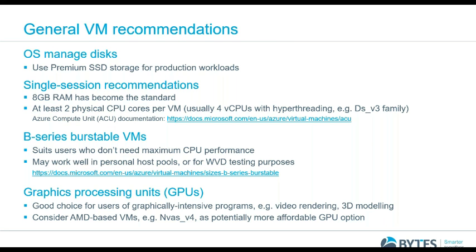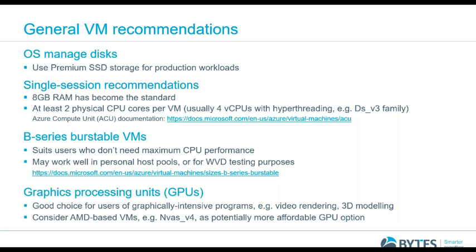The B series burstable VMs, I don't tend to recommend these for production workloads. They can work for very light workloads where there's no real requirement for much computational performance.